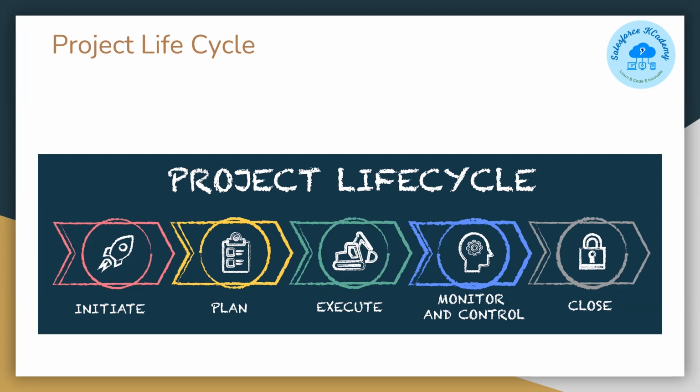So those stories are assigned to individual employees in your team, and they will start working on that, whether it may be administrative, development, or testing. So these phases are common for any software project, either Salesforce or another tool.